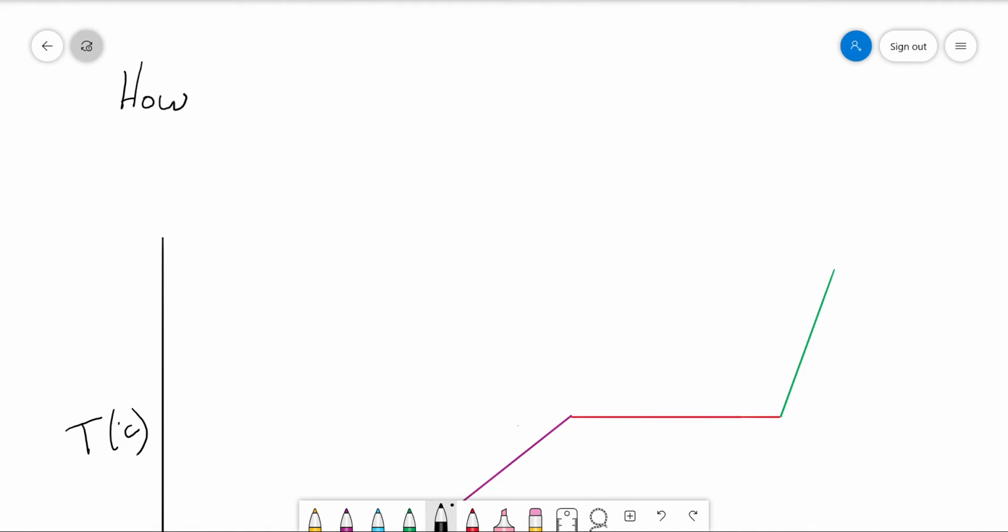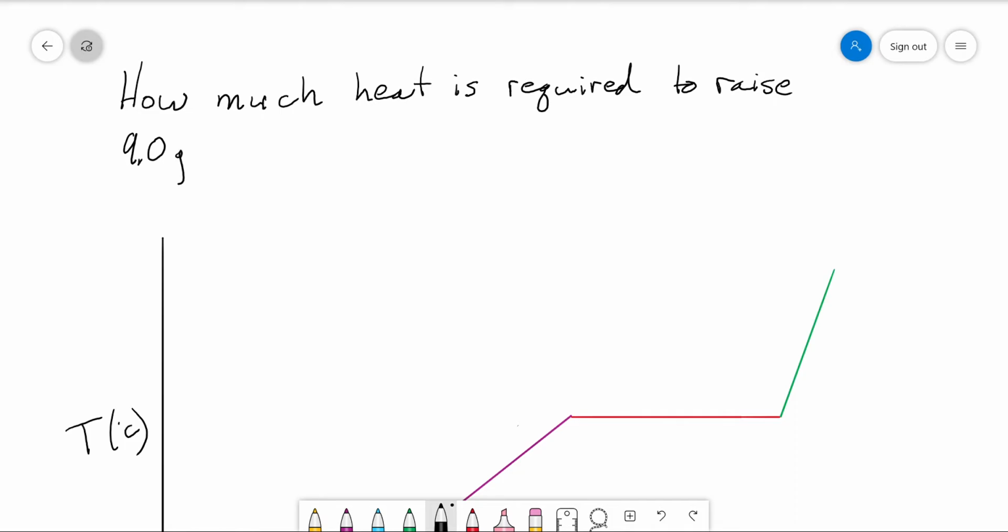We're just going to do a problem. How much heat is required to raise 9.0 grams of ice at -5.0 degrees Celsius to vapor at 125.0 degrees Celsius?